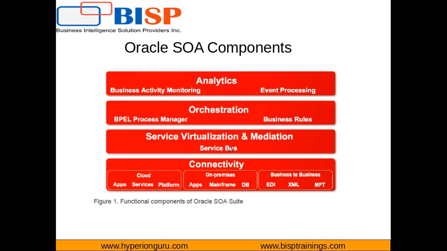Tomorrow, if you were to change it to another server, say dev1, then all you need to do is change the definition in the service bus in the background, and the customer will never know. They will always be calling XYZ. So there you are not just making sure your service is hidden, but you are also making sure the connectivity never breaks. So virtualization helps in that, and it also does the mediation.